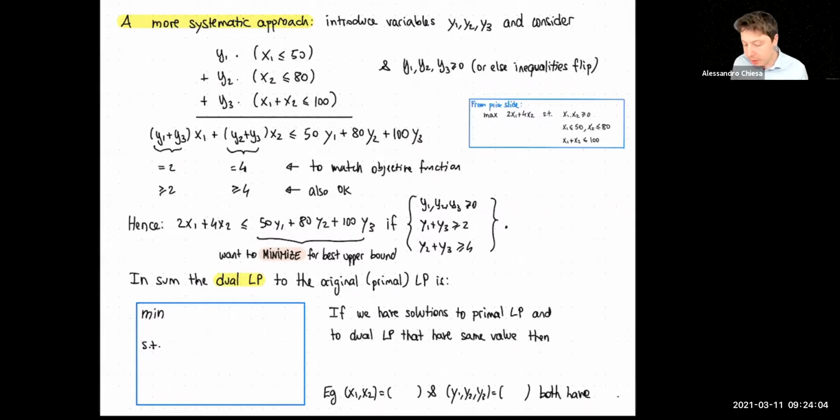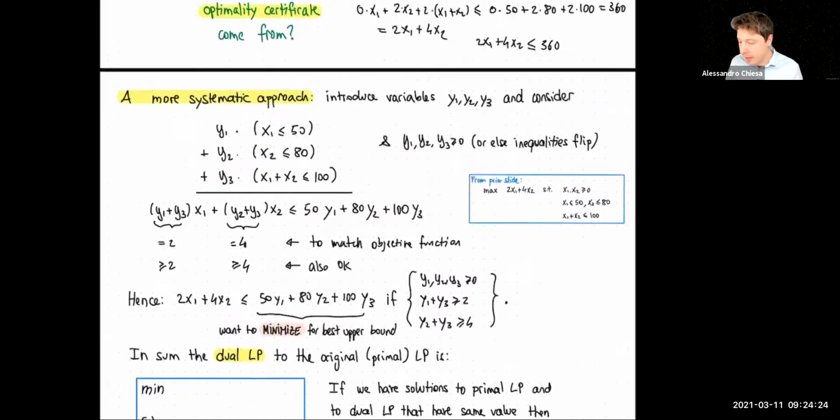Now, because I want the best upper bound, I'm actually interested in minimizing this expression in y, right? Because I want the best upper bound so that I can actually get the maximum. So I'm going to want to pick y1, y2, and y3 to minimize the right-hand side.